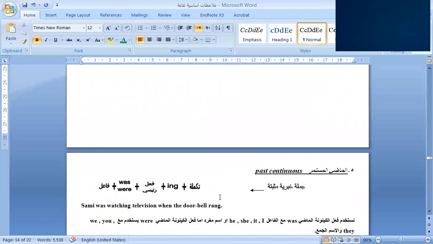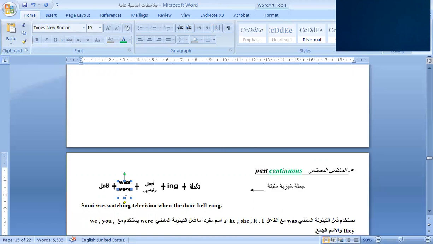Also we have the past continuous. Again, this word continuous appears in this tense. مرة أخرى رجعت لنا كلمة continuous. وإحنا قلنا من نلقى continuous what should we have؟ شنو ينبغي عندنا؟ The first thing is verb to be كينونة.